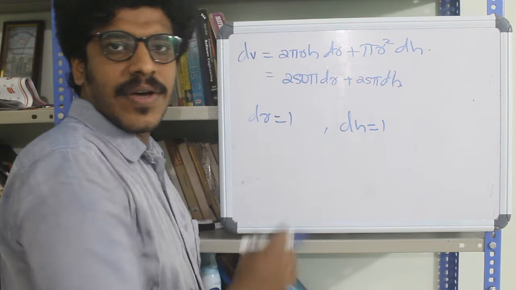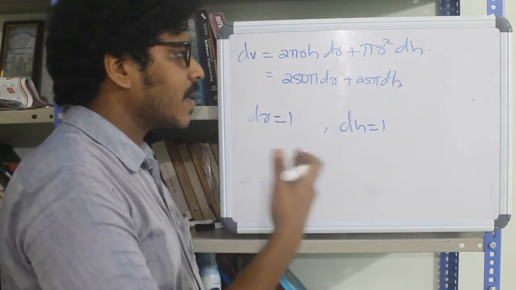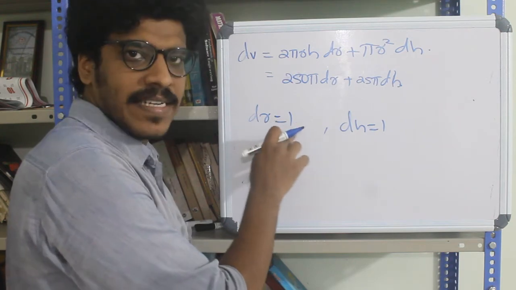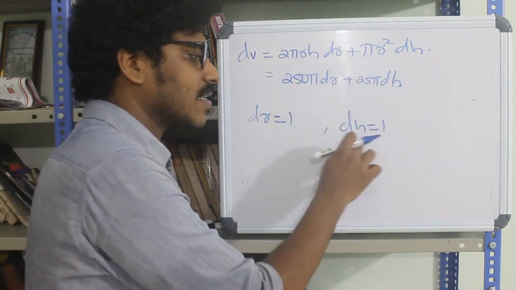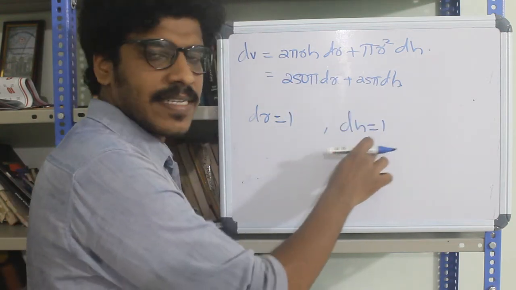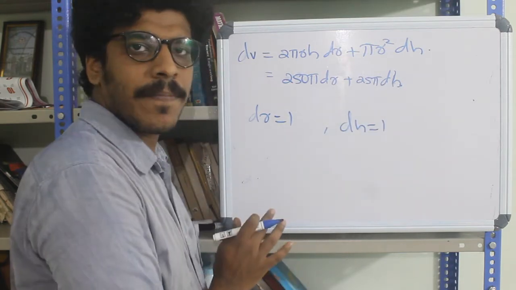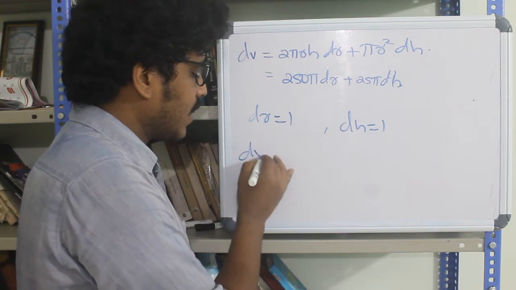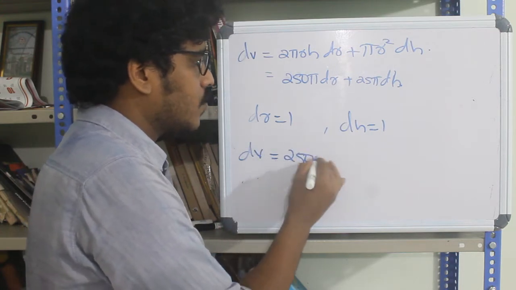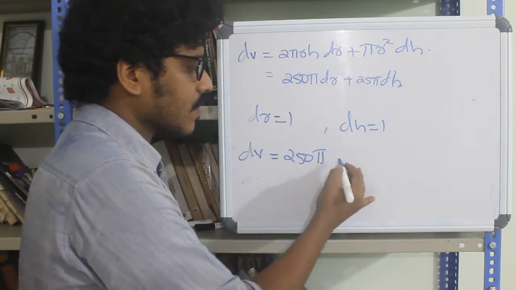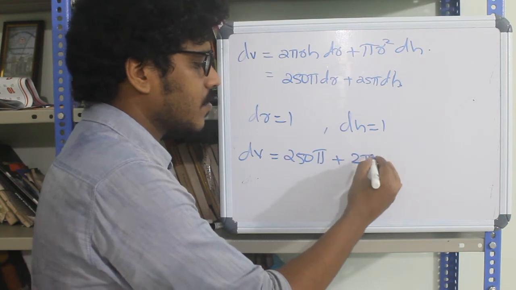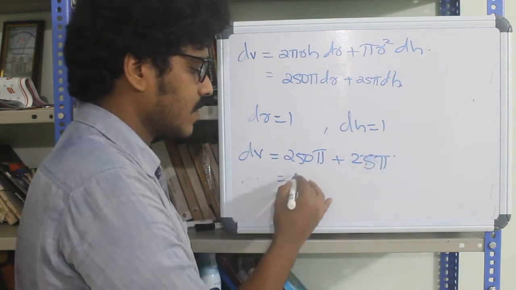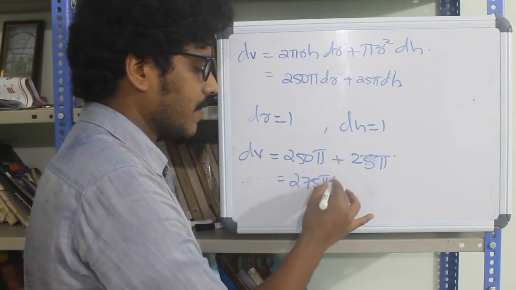This means you are just giving an increment or decrement of 1 foot in the radius and 1 foot for height. Then dV will be 250π + 25π, which is 275π.